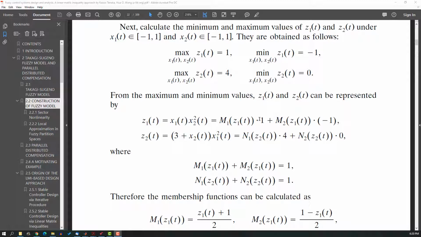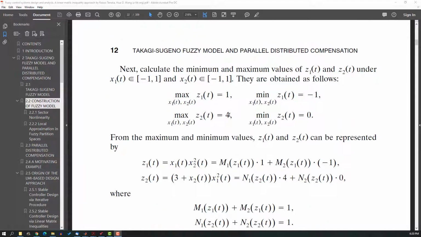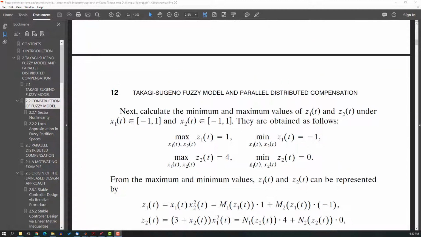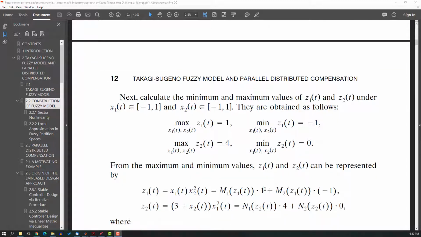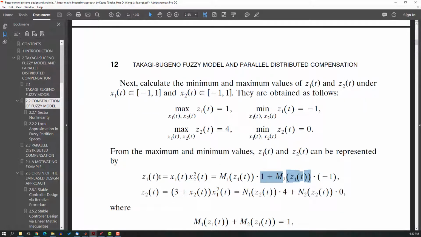Okay, it's a bit hard to understand, but it will be a function. So you see a maximum value and a minimum value, a combination. But you have to find this function m1 and m2. And from this, you can recover your nonlinear sector.